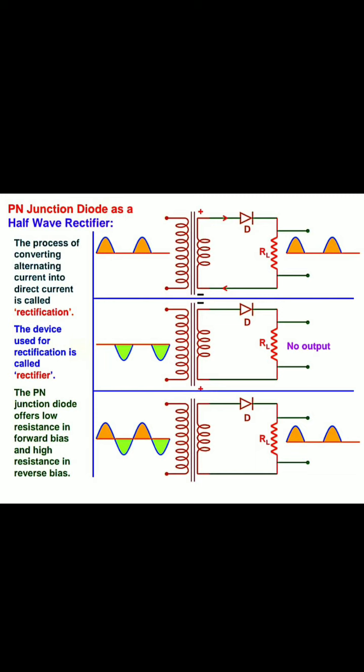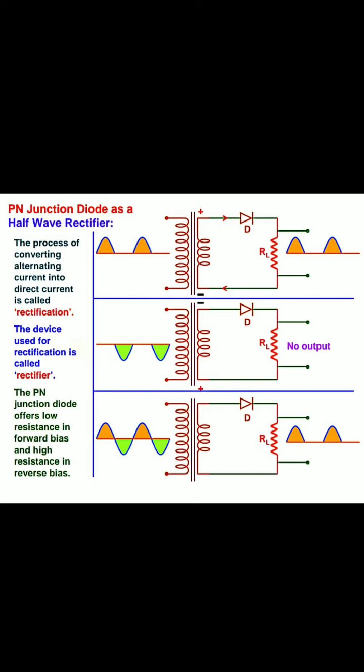In whatever circuit we use, whenever we measure the output current or any output result, we measure it across the load resistance. That's why RL is written there. And the diode has one specification: if positive current is there, only then does the diode allow the current to pass through it. If negative current is there, then it will not allow it to pass through.